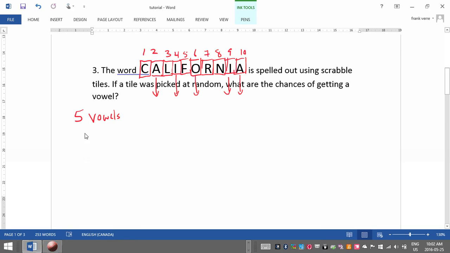Well, there's 5 vowels, and there's a total of 10 letters. So the chances are 5 out of 10, which is the same as 1/2, which is the same as 50%. Okay, next question.